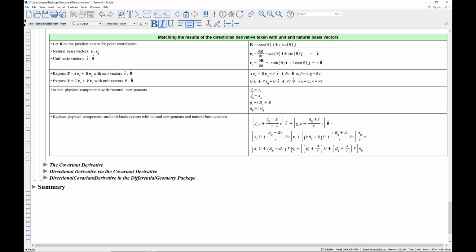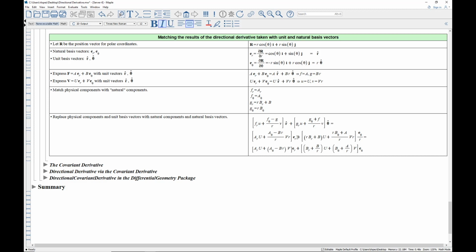So take the expression that you got when you used unit basis vectors. It looked like this. The f dr is the a dr, and u is u. The f d theta is the a d theta, but g is br, and the little v is vr.